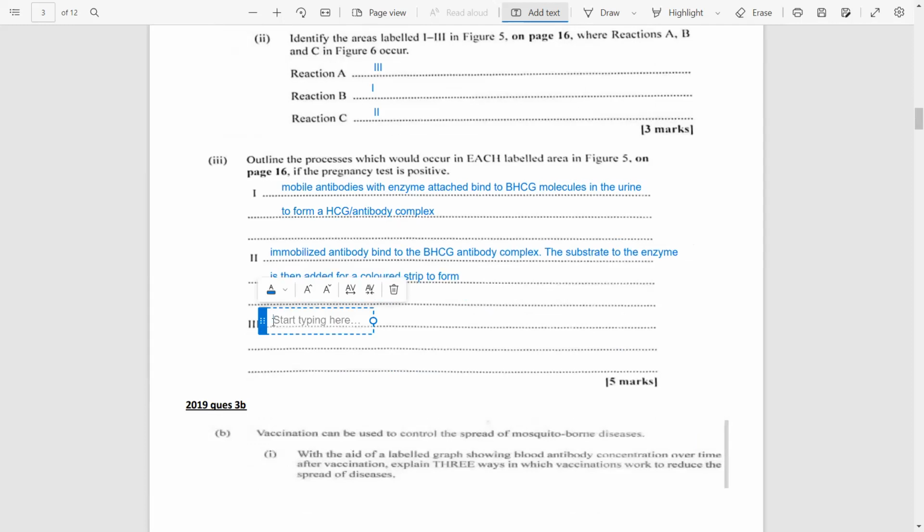And in number 3 now, immobilized antibodies bind to mobile antibodies.